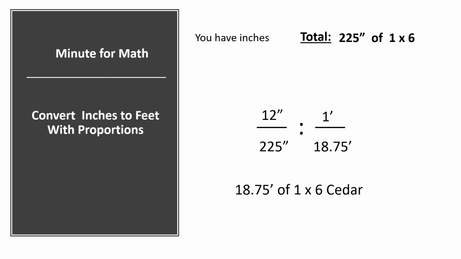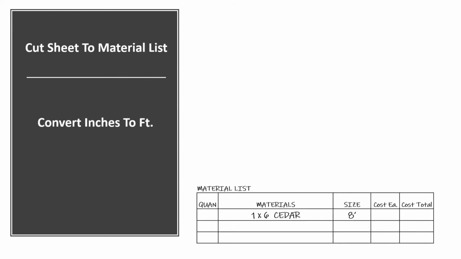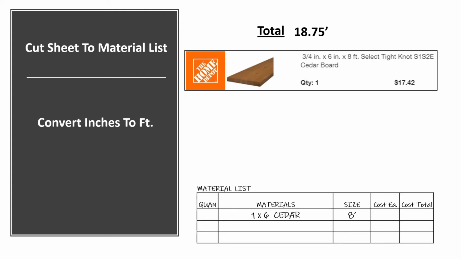All right, so now we know we got 18.75 feet of cedar. So we need to fill out our material list. We got a total of 18.75 feet. Each board here is 8 feet. Home Depot is selling 8-foot boards.